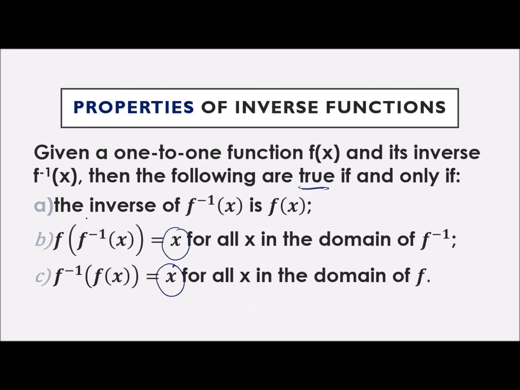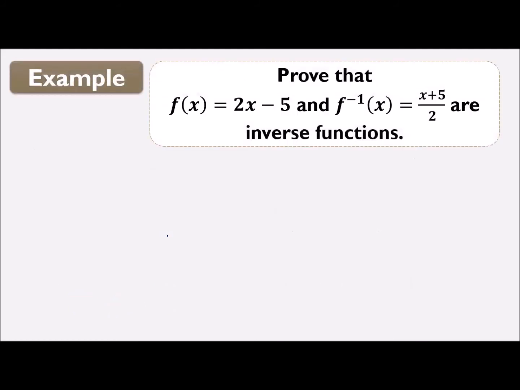So, ang ibig sabihin nito ay f circle of the inverse of x. Ito namang isa, kabaliktaran lang kasi nga inverse eh. The inverse circle f of x. Dapat daw mag-equal yan kay x. Okay? So, with that, let's try. Let's prove na itong given natin kanina ay talagang inverse itong x plus 5 over 2.